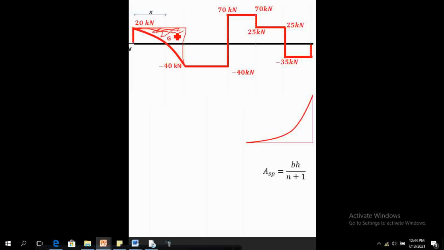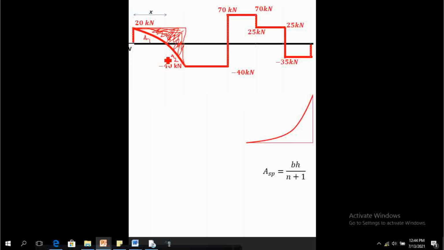Ito yung spandrel. Ang kailangan ko dito, yung area na to, again, I'll name this area 1, and I'll name this area 2.